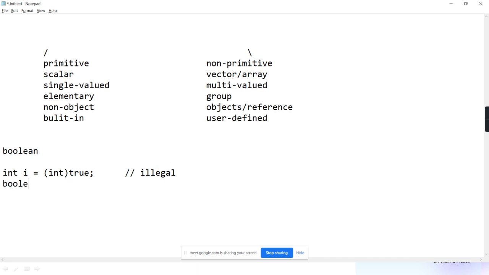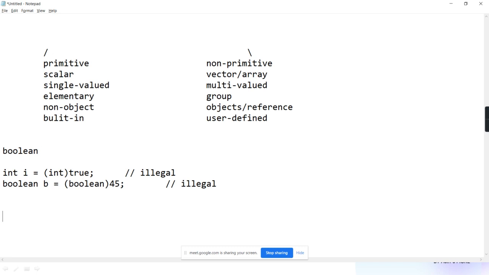Or I am trying to convert an integer to Boolean, that is also illegal. Java doesn't allow conversion of Boolean to integer, or integer to Boolean. We will be learning this again when we come to conversion operators, the casting operator. So one data type is Boolean.